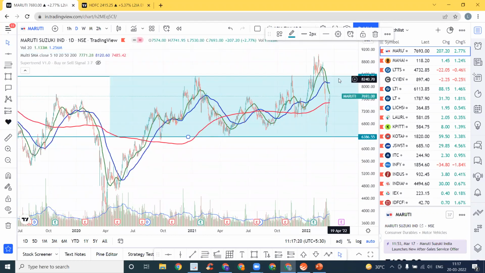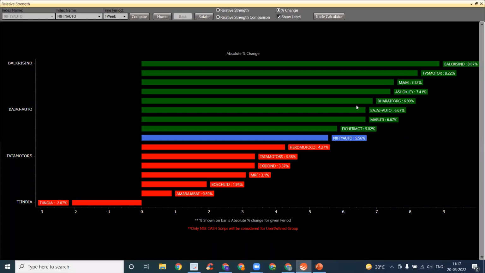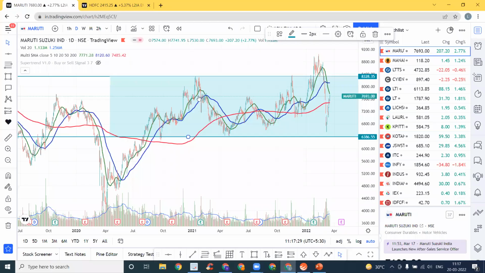Till the time it breaks this and goes up, we cannot buy this stock. Ashok Leyland and Mahindra.